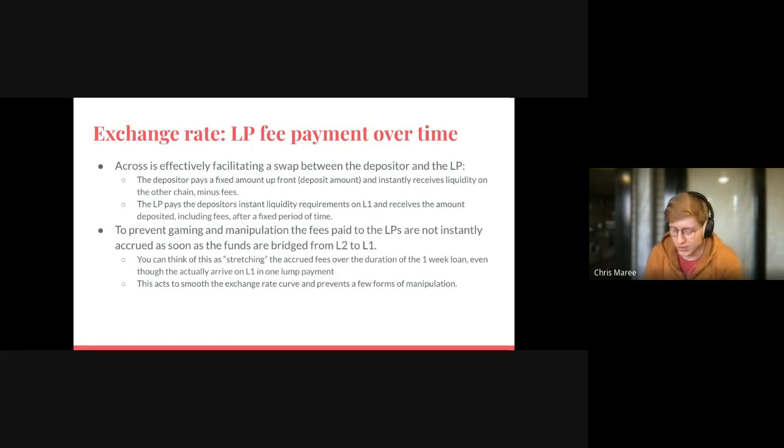You'll know that there's going to be this price action on the exchange rate. And also there could be some weird stuff that you could do with manipulating the pools to try and artificially lower your rate for a large bridging action, as well as a number of other ways that you can game it. So we basically stretch it out over a longer period so that it behaves more like a normal interest rate.